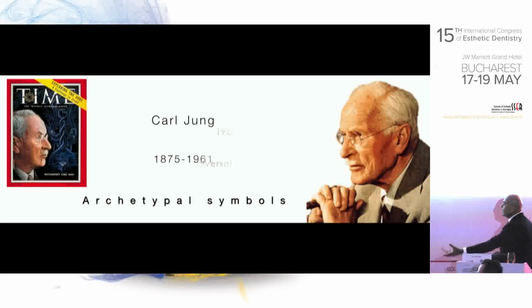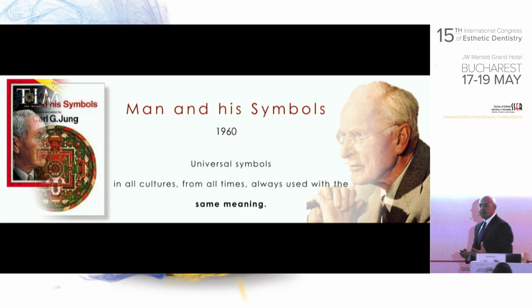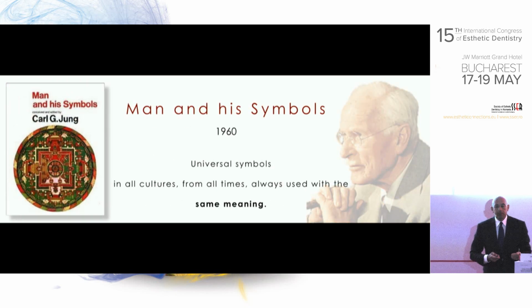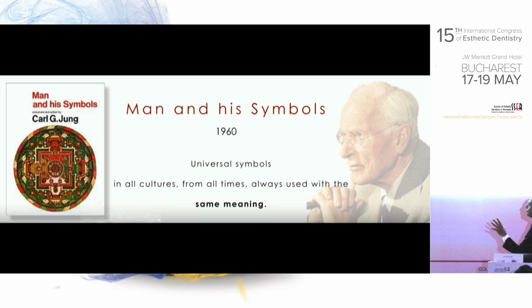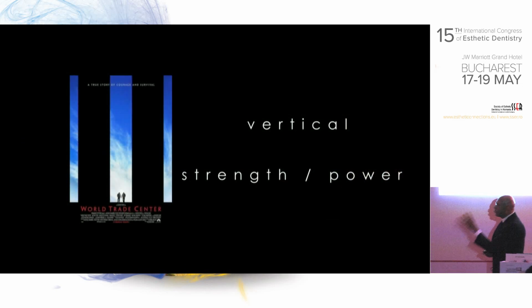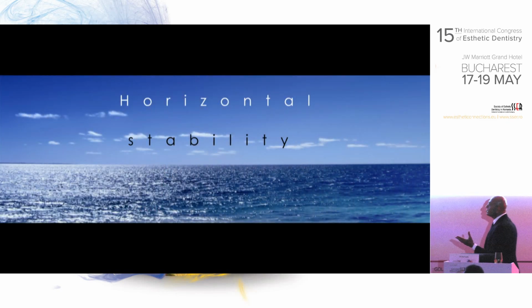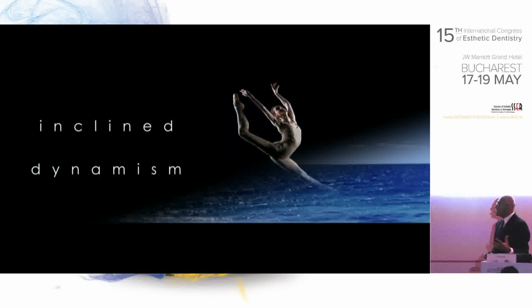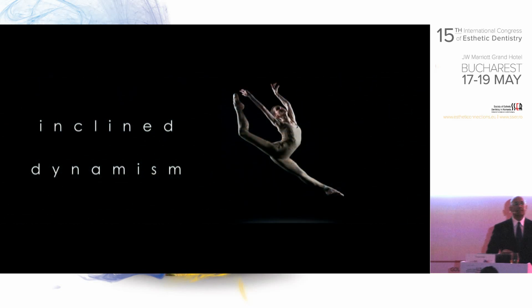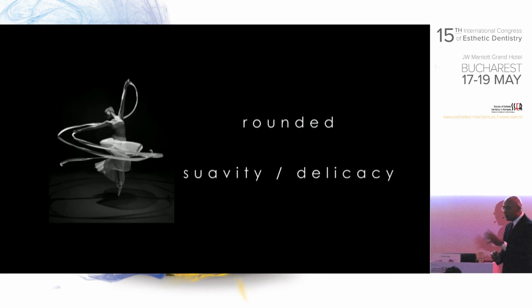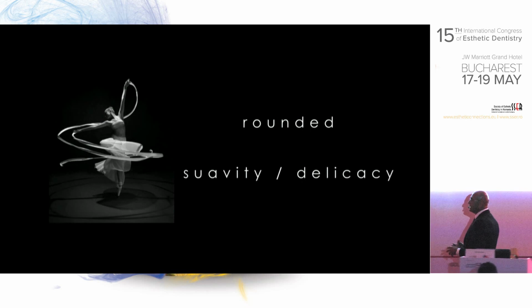So he realized that there are some symbols which are received the same all around the world. As simple as straight lines: vertical lines representing strength and power, horizontal lines representing stability, inclined lines representing dynamism, and rounded lines representing suavity and delicacy.